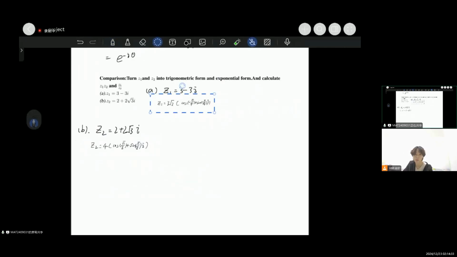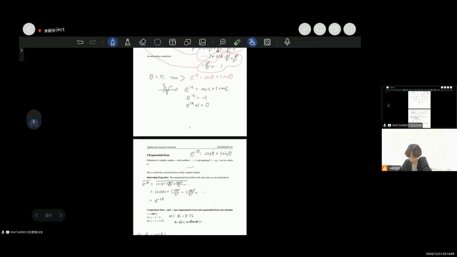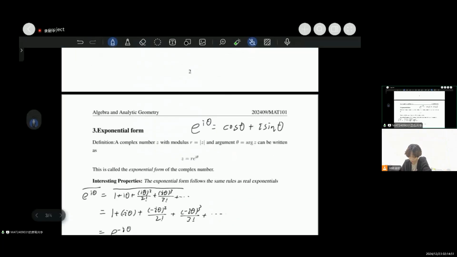And now we could start to calculate its exponential form. And let's see its definition. Exponential form, yes, modulus r and argument theta.